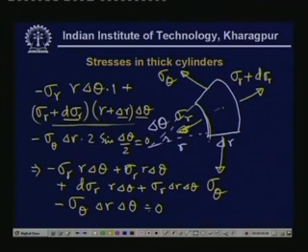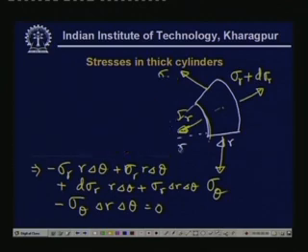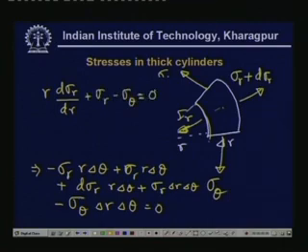When you write down this expression in a somewhat compact form, then what we get is this result, that is r d sigma r dr plus sigma r minus sigma theta equal to 0.